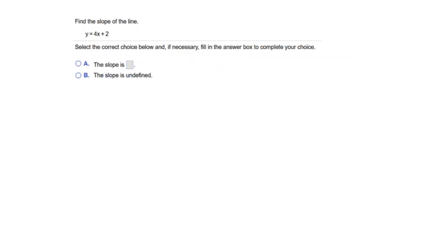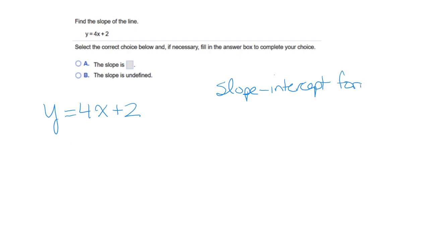Find the slope of the line y is equal to 4x plus 2. All right, so if we're looking for slope, you should recall what we've seen earlier in slope-intercept form. We can identify that an equation has been solved for y, so y is equal to everything else, then the number in front of x is the slope.